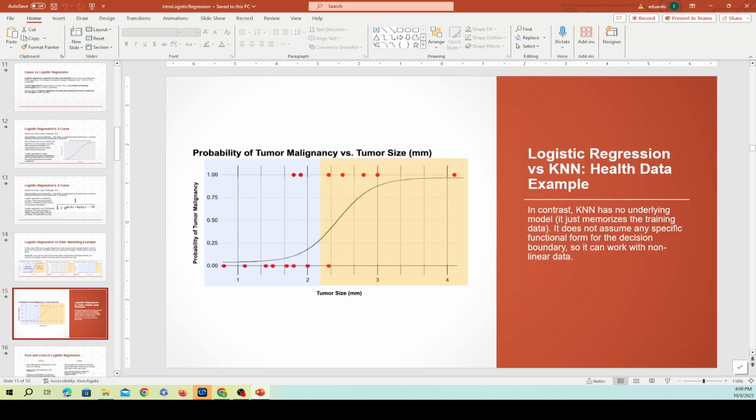So here is an example of the probability of a tumor malignancy and tumor size. Here we're using the tumor size to determine the probability of having a malignant tumor.